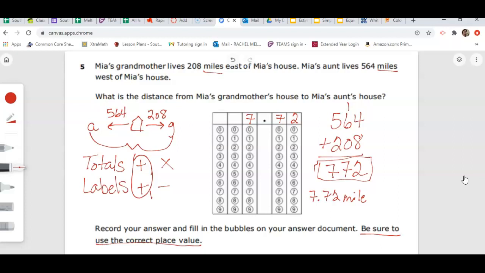So if I'm looking at that 772, is that a decimal or a whole number? It is only a whole number. If it's a whole number, I do not use these columns. These columns stay blank because there is no decimal. So I would write my answer in this way.